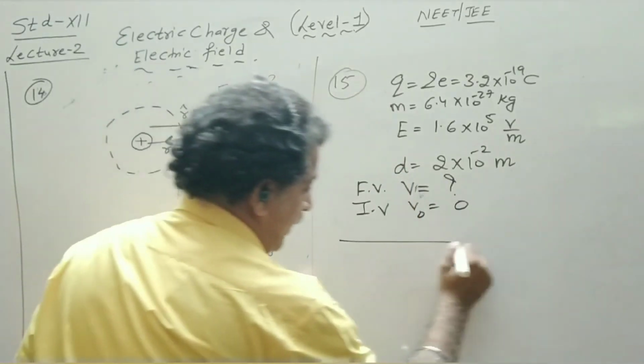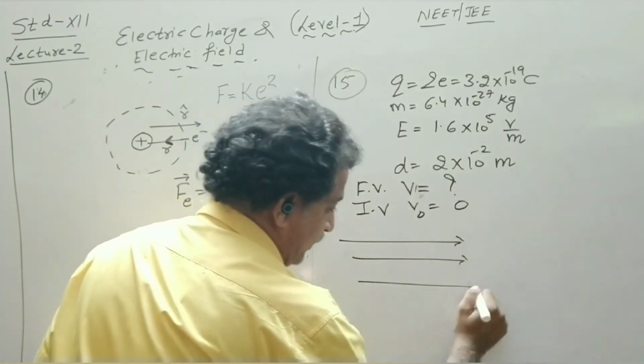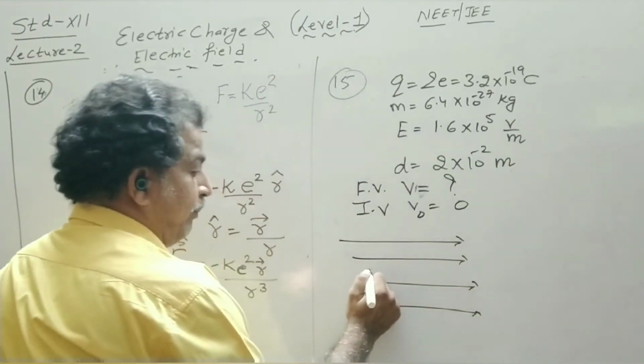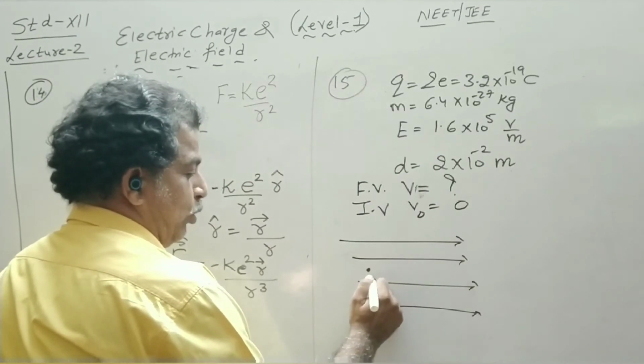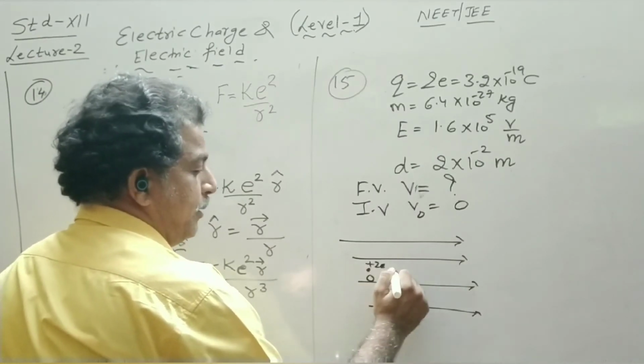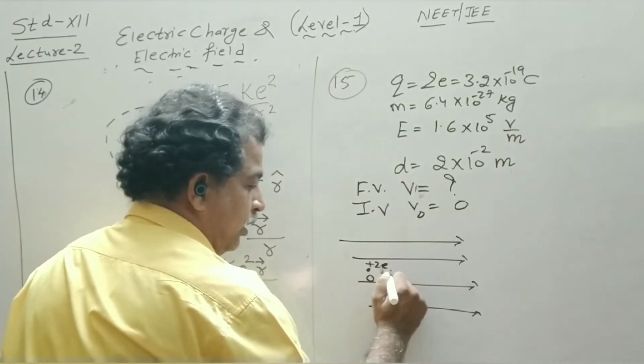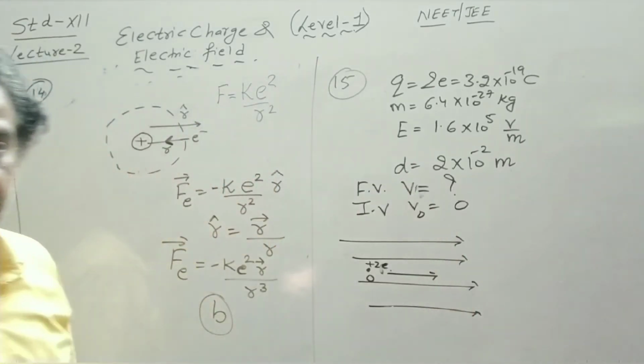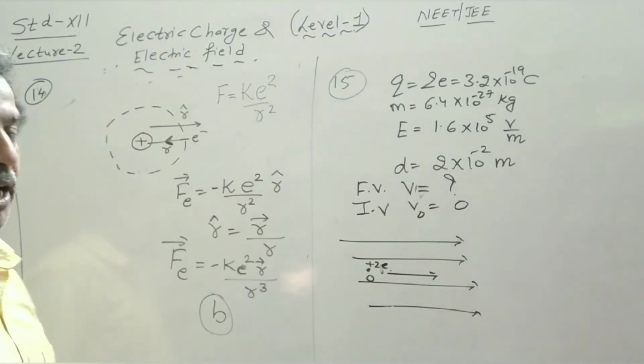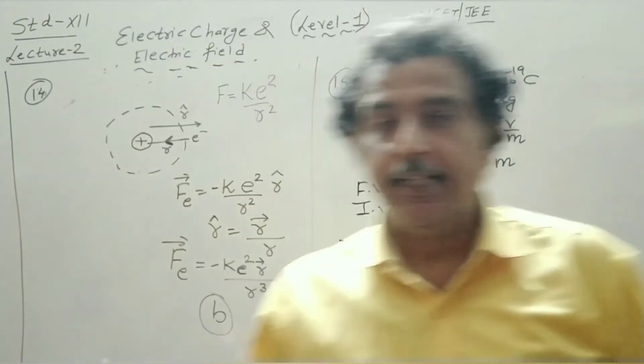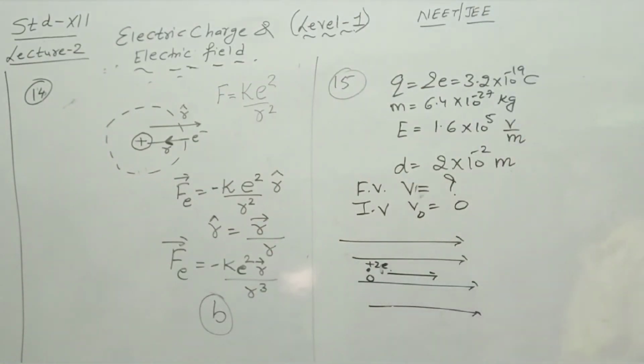Clearly, if I draw a uniform electric field, and if I place an alpha particle here, say this is the origin, the charge is plus 2e, it will start moving in this direction. So it is accelerated motion. It starts accelerating along the x-axis.